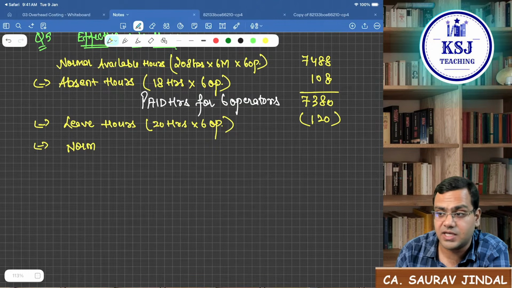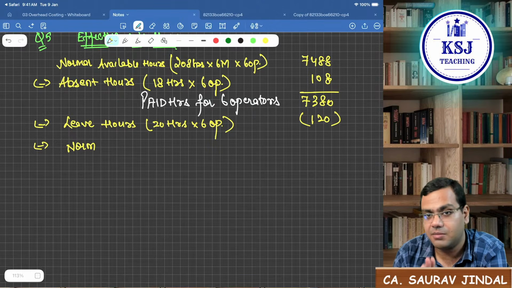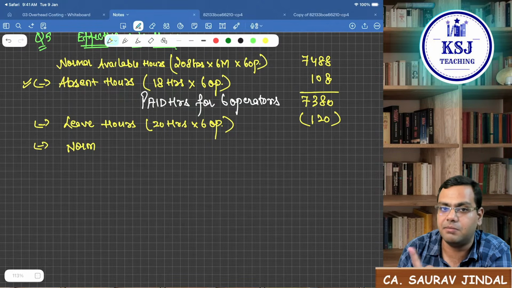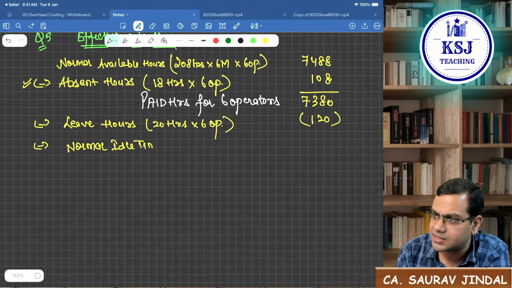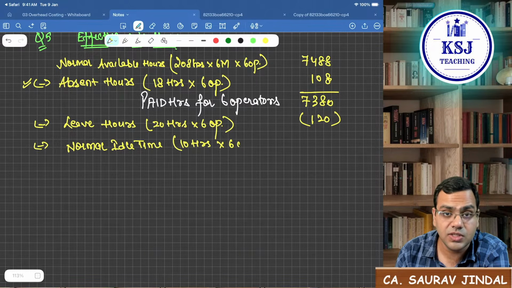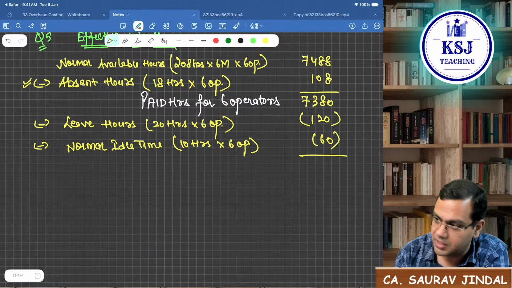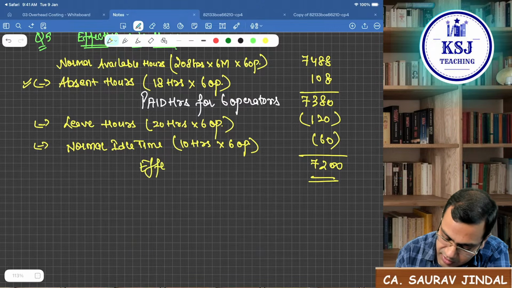For leave hours we are making the payment. Yes. For normal idle time also we are making the payment. Yes. Only for this absenteeism we will not pay the employee. So normal idle time is 10 hours, 10 hours into 6 operators, that means 60. So 180 from here, that means 7200. This is going to be your effective machine hours.